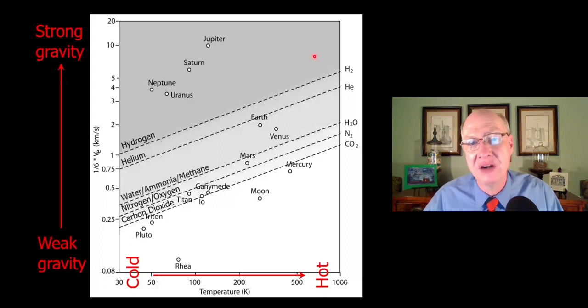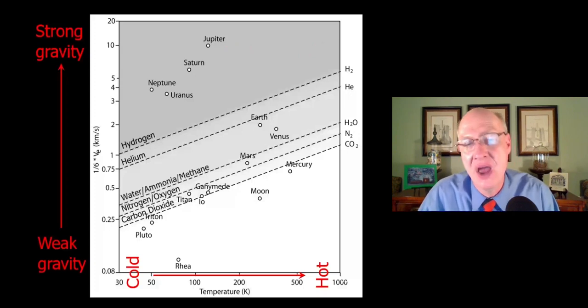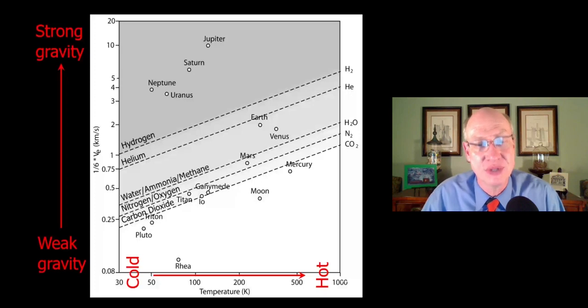And they're much, much hotter than our gas giant planets. But you will notice that even Saturn, if we brought it well into the solar system and it was much, much hotter than it is today, it would still be able to retain its atmosphere. And Jupiter would definitely be able to retain its atmosphere well into the inner solar system. Even if Jupiter were at a temperature of thousands of degrees, it could hold on to its atmosphere.